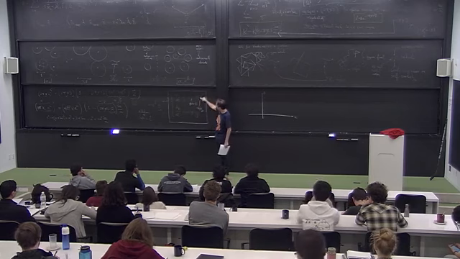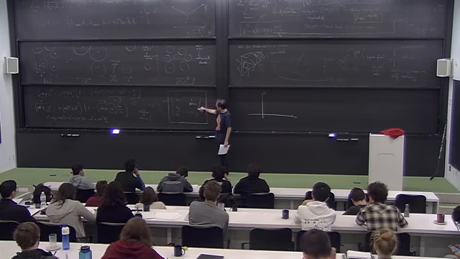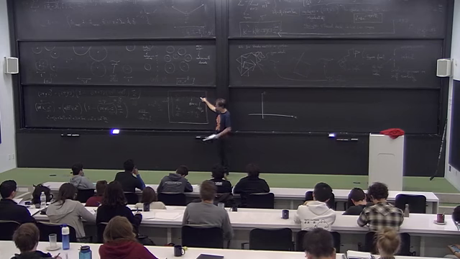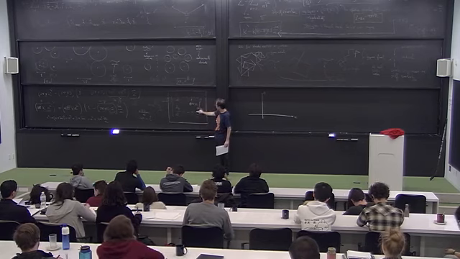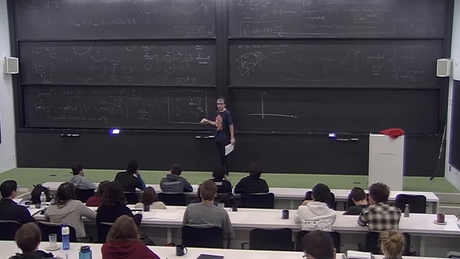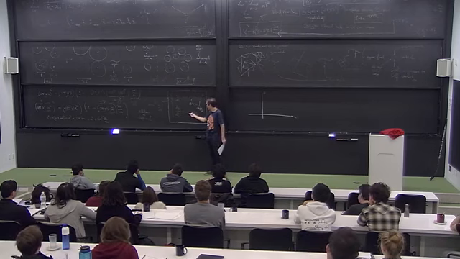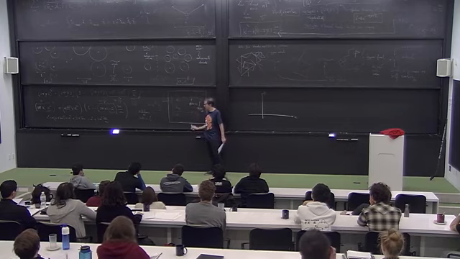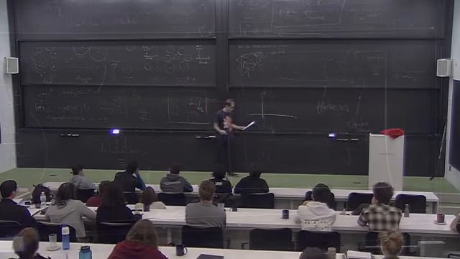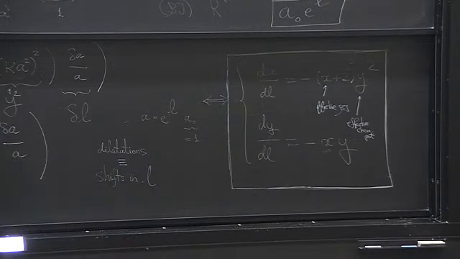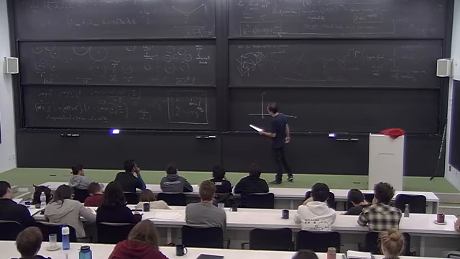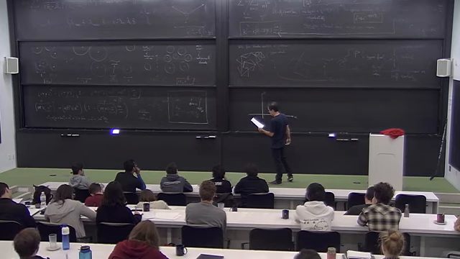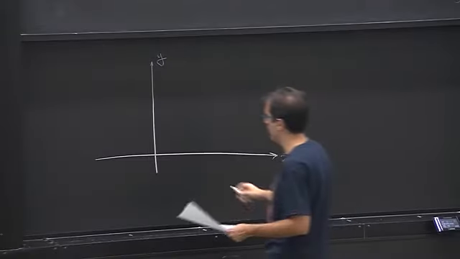Sorry, one second. Yeah, when x and y are positive, these derivatives are negative. When x is negative, this derivative here is positive. And finally, okay, we will see this in a second. I'll explain this.